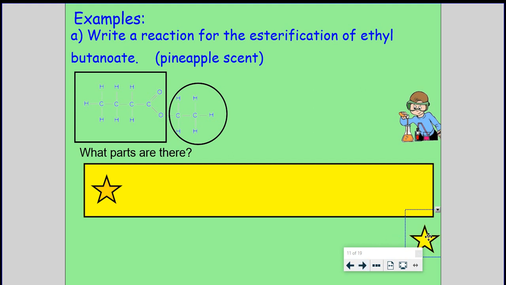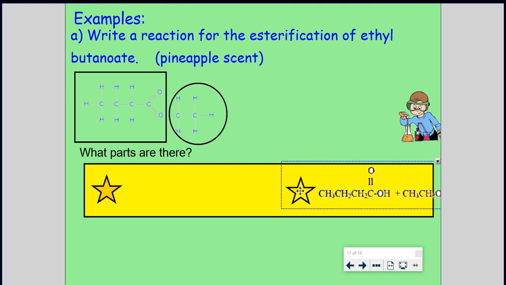So I'm going to bring the answer out here. But actually, before I do that, let's talk about this. To the right, we have two carbons of what would be your alcohol. So that is going to be ethanol. That is your alcohol. Then one, two, three, four carbons off of the acid would be butanoic acid. So here is your butanoic acid component, one, two, three, four.